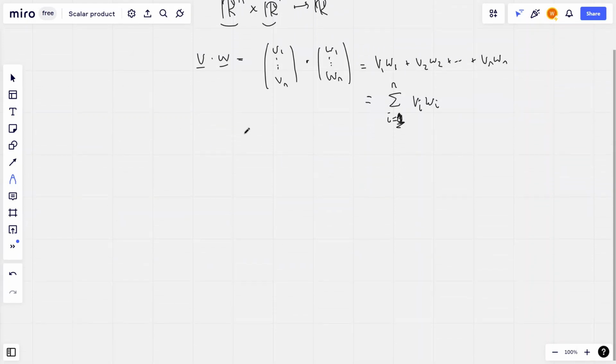Okay, so now we're going to talk about the properties. So firstly, it is symmetric, which is the same thing as commutative, but we wanted to say symmetric in this case specifically for vectors, which means that v dot w is equal to w dot v.